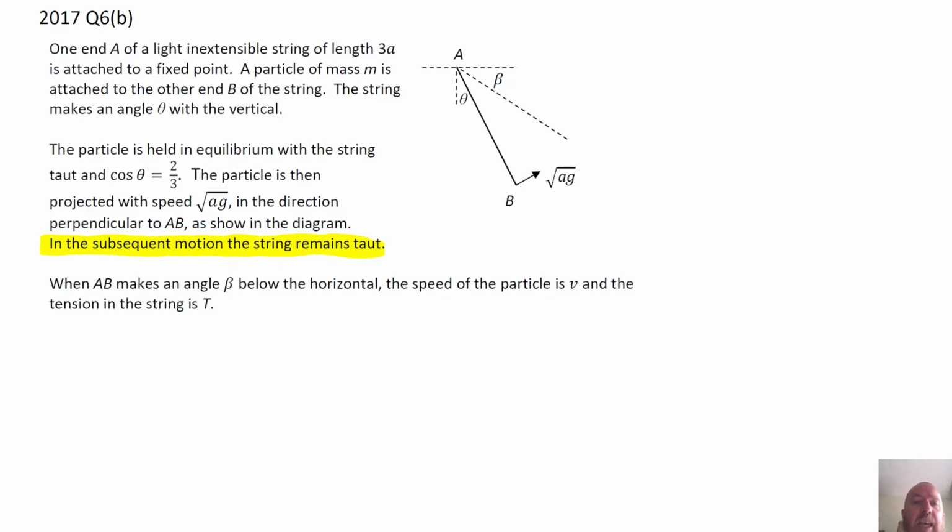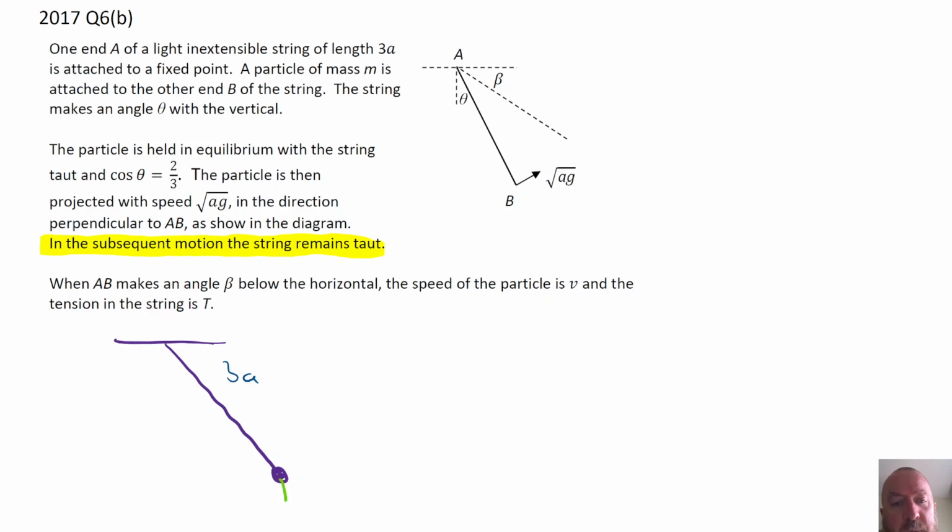Okay, so before we look at the question, I would logic out or do your diagram and see what's happening. So we have our string, and the string is length 3a.